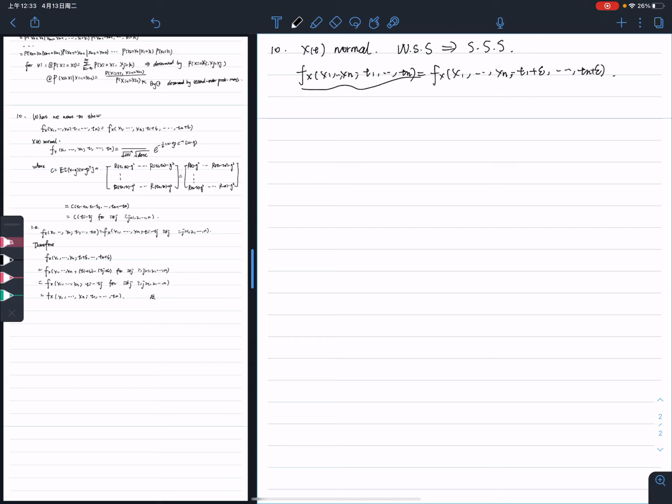If we can show this formula, then we'll finish the proof.